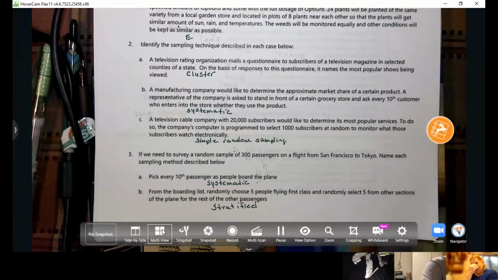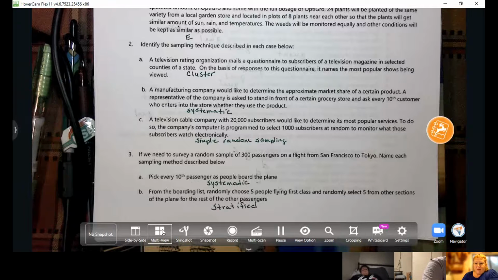So on the second part, we're looking at, for example, the first one, where we do a television rating. We're looking at subscribers in selected counties of a state. We're not looking at all the counties in the state, only selected counties. So that is taking particular groups of people in order to look at the questionnaire. That is a cluster sampling situation.